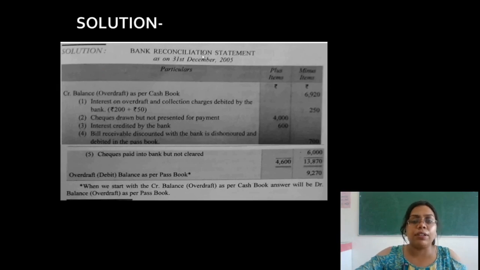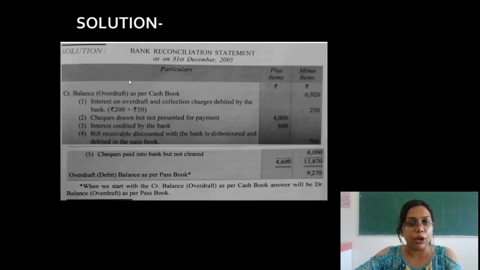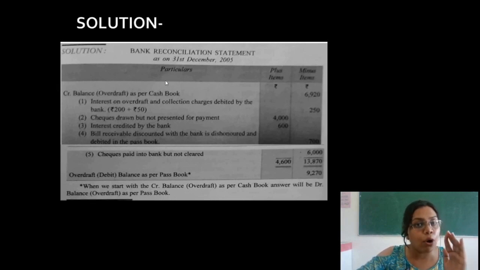So now we'll start the question. We will write the bank reconciliation statement as on 31st December 2005 and make three columns, the same format for all methods. In the first column we'll write particulars, in the second column plus items, and in the third column minus items.